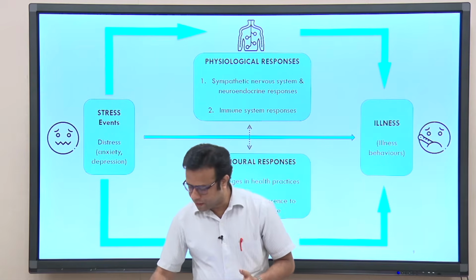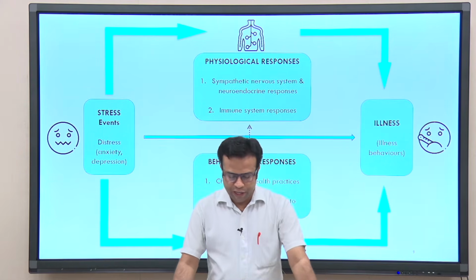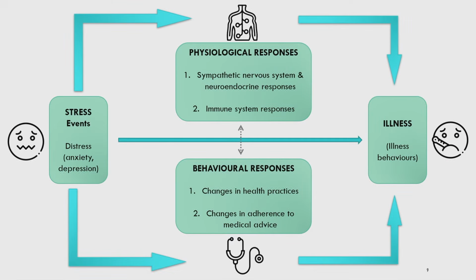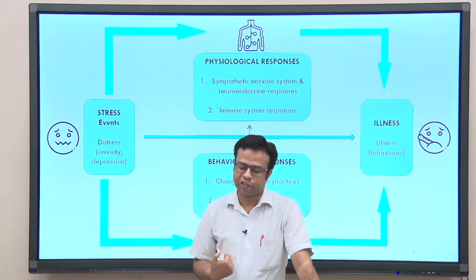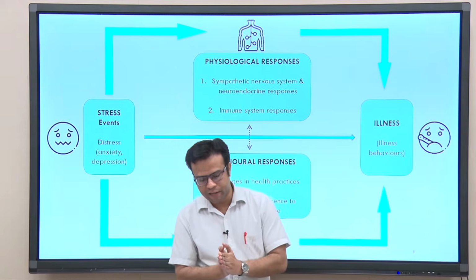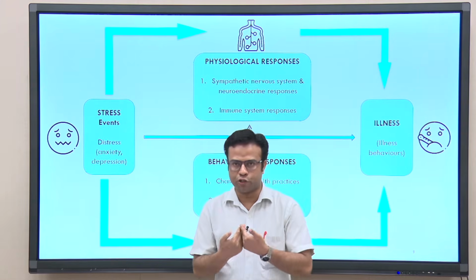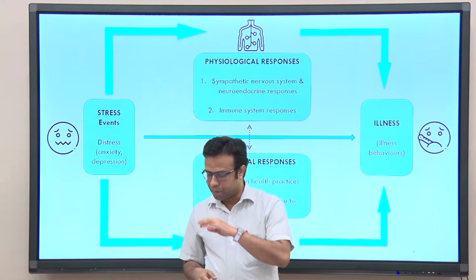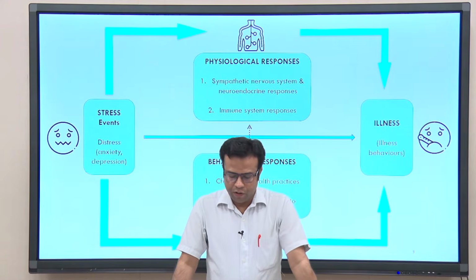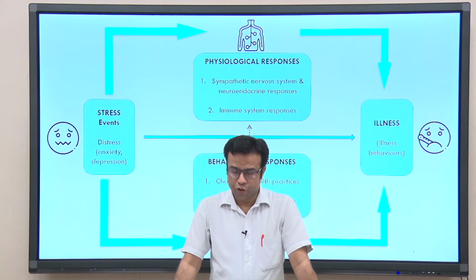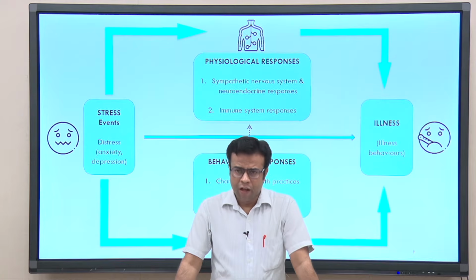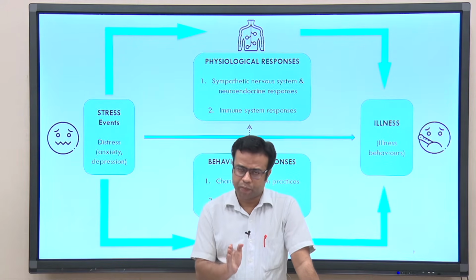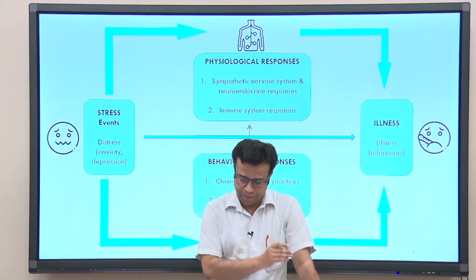So, this is a diagrammatic representation of mechanisms. Here you can see there are two pathways by which stress can influence physical health or illnesses. One is stress, particularly the distress part or the negative experiences of stress, can directly influence the physiological mechanisms of the body, which include the sympathetic nervous system and neuroendocrine system, and we have already looked into that part in detail in the last lecture.